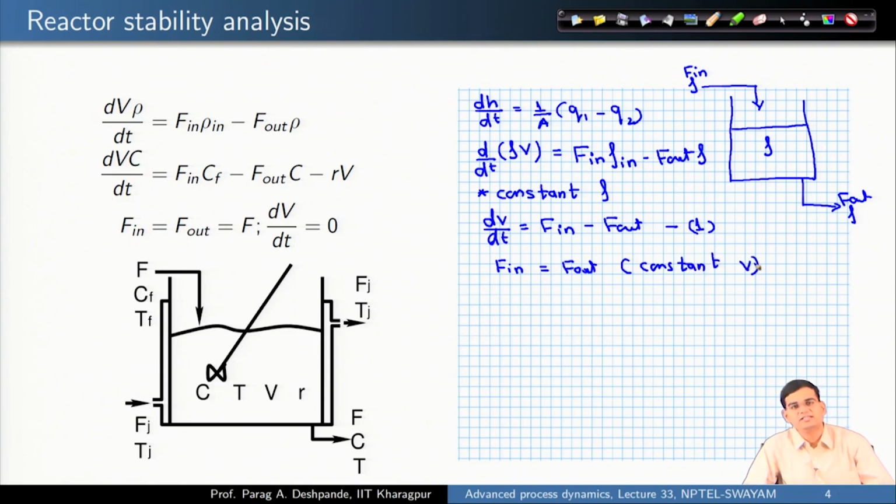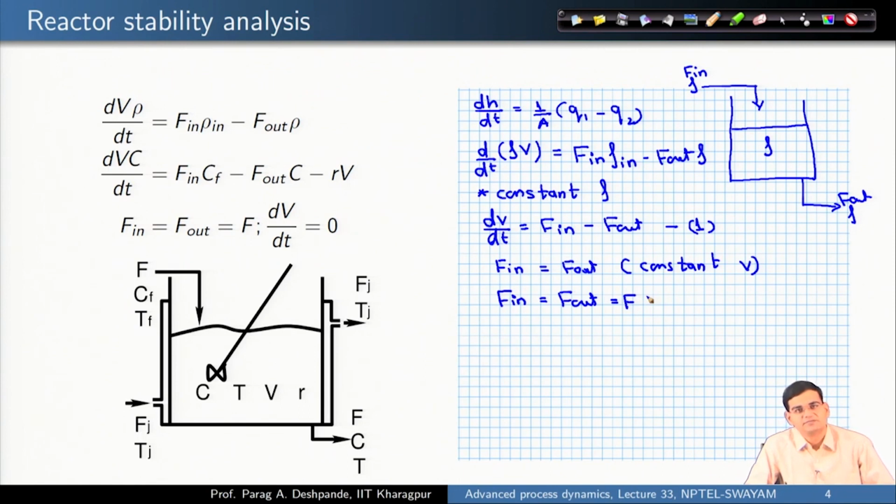And when F in is equal to F out, the total mass coming in is equal to the total mass going out, so I can simply write F in is equal to F out is equal to F, and that is the F which you see in the diagram on the left hand side.